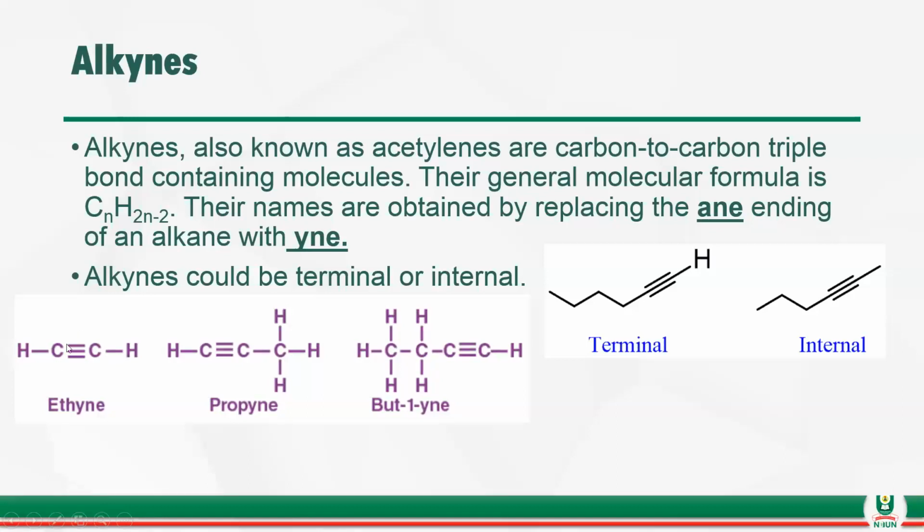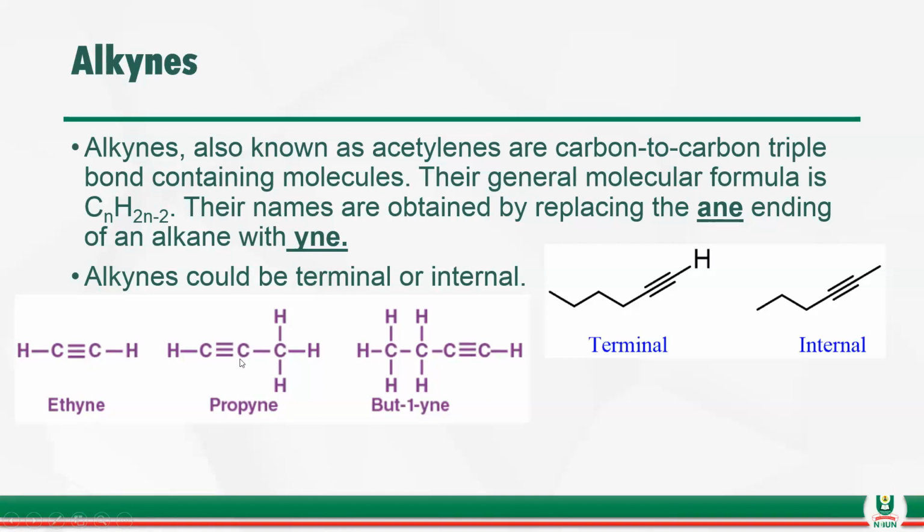So you can see this molecule, this is the simplest alkyne, formed from 2 carbons. In 2-carbon alkane, you have ethane. Now you have a 2-carbon alkyne, that should be ethyne. So you replace the ANE in ethane with YNE, and then you have ethyne.